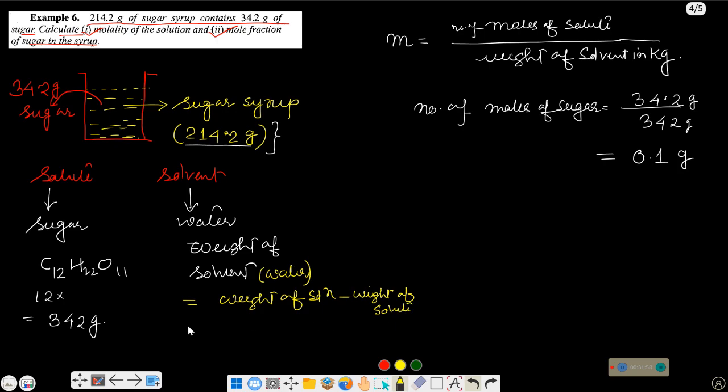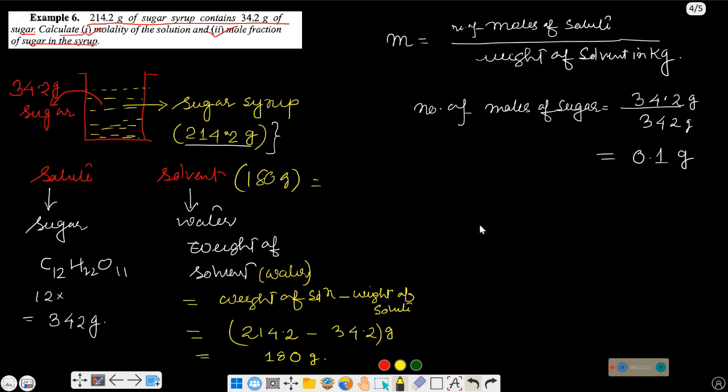So this will be 214.2 minus 34.2 gram, which is 180. So 180 gram of water is here, means solvent is 180 gram.